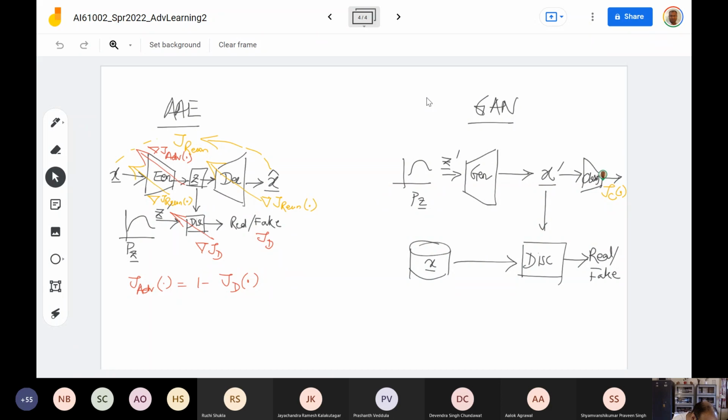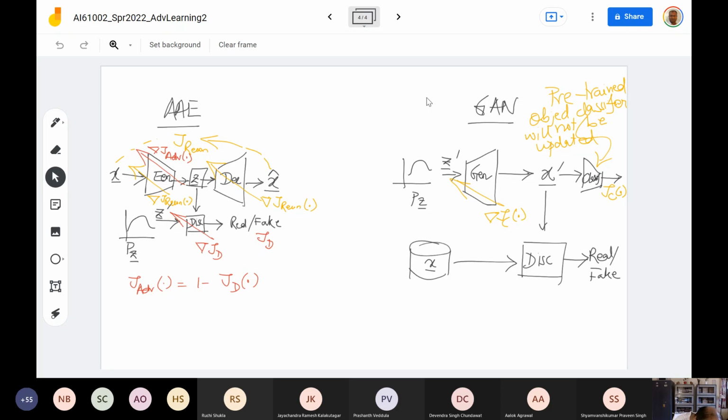Now that you have the classifier loss, this classifier loss has to be backpropagated through this generator over here. And remember, this classifier is a rigid classifier, a pre-trained object classifier, and will not be updated. You have your update happening only at the generator side of it.